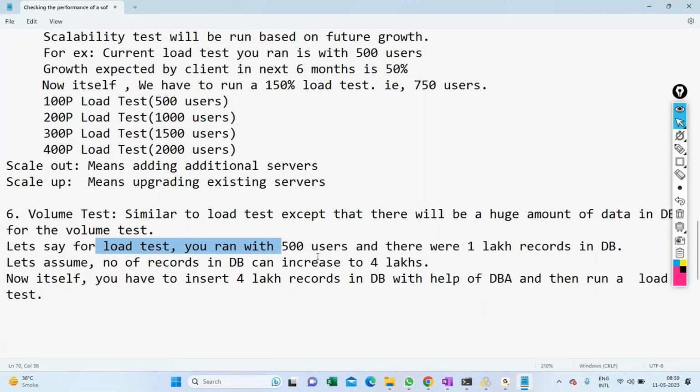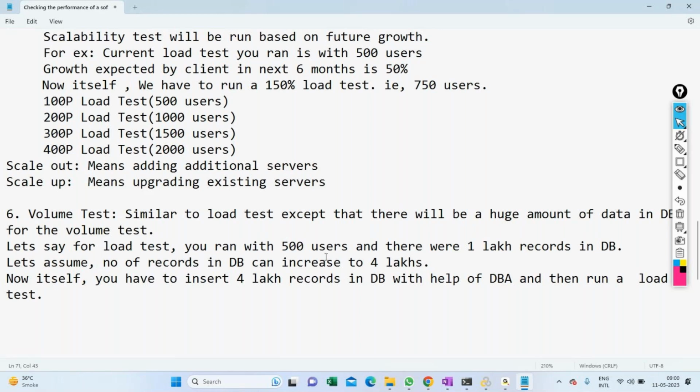Then they will make some changes like performance tuning, database tuning, and query tuning in the backend. After they do all those things, if the client wants us to check, they will say, now we have done all the tunings, let's increase the number of records and see how it supports. In that case they will give it a try.